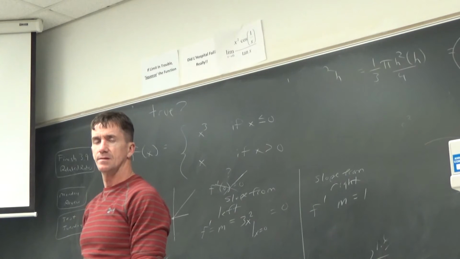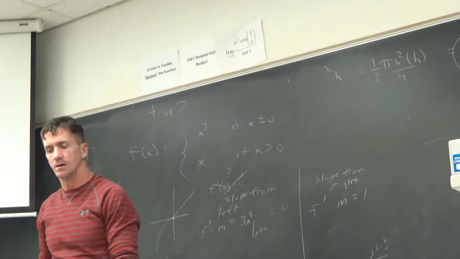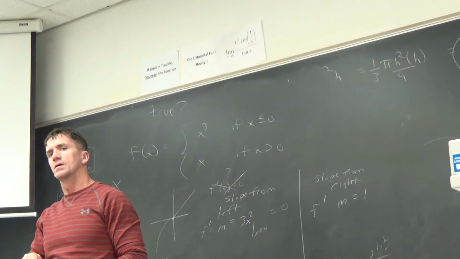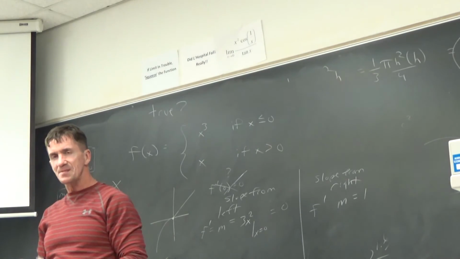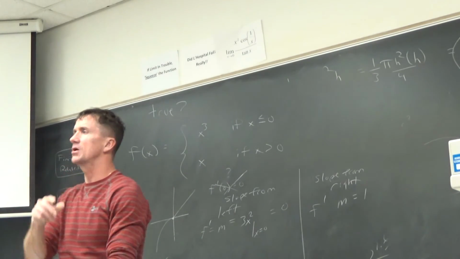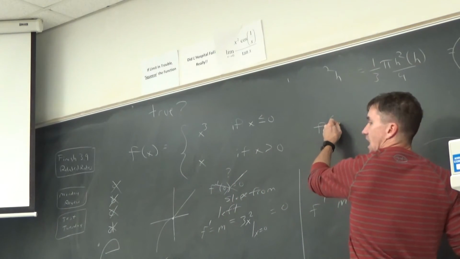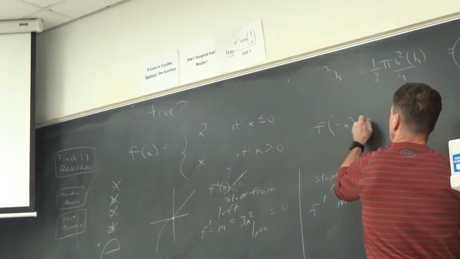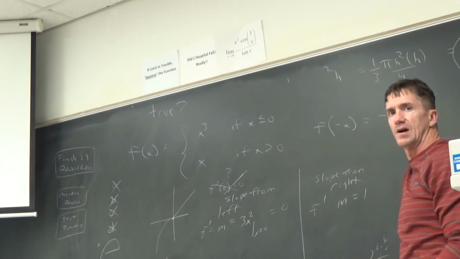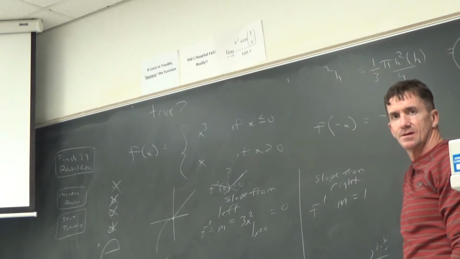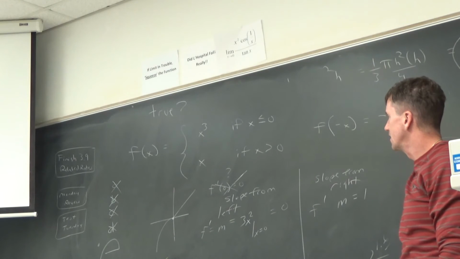Professor, if we do it algebraically, for an odd function, f of negative x equals negative f of x, right? That's exactly right. The definition of an odd function is really this: f of negative x must come out to be mathematically negative f of x. You can do it that way. So if you do the one from the left, f of negative x is negative x cubed, right?